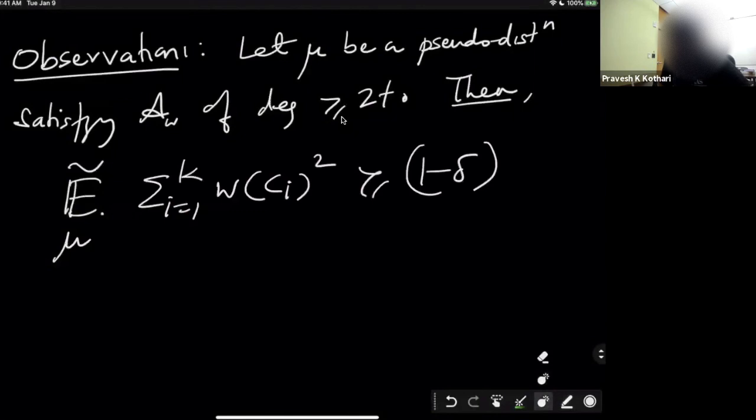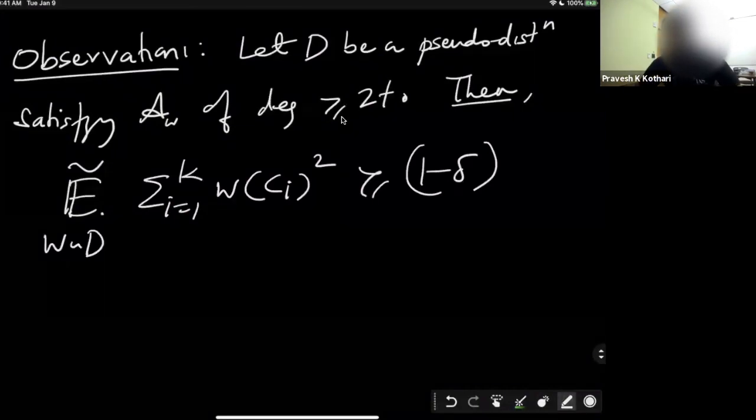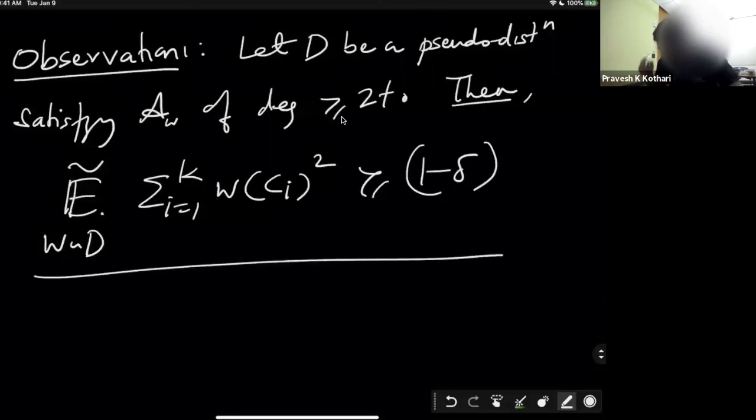Oh no, I can't call it mu. Sorry about that. Okay, so if D is a pseudo distribution of degree at least 2t that satisfies AW, then I claim that the pseudo expectation of this polynomial WCI square, which is really a degree 2 polynomial, so to compute it I only need degree 2 moments of D, is at least 1 minus delta. Why is that?